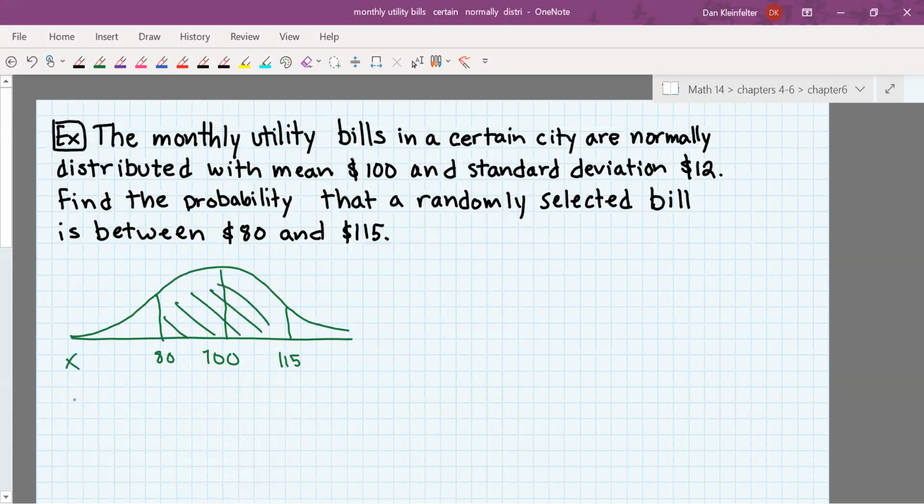And those are X values. We'll need to figure out the corresponding Z's next. So for 115, Z is X minus mu over sigma. That's 115 minus 100 over 12. And that should be 1 1/3.